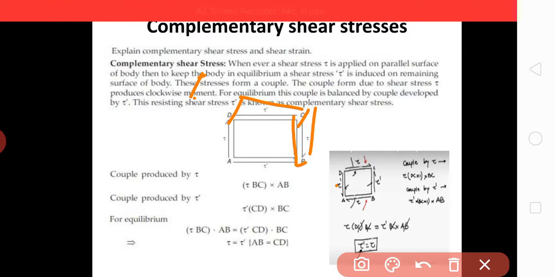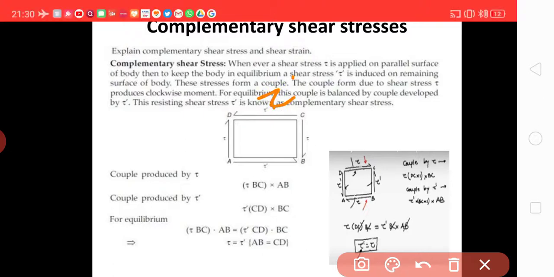If tau is the stress, then tau into area is the force, and its arm will be AB, to produce a couple. To counter this couple, we have tau dash, converted into a force first: tau dash into DC into 1, as we have taken the thickness as 1. So tau dash into CD into 1 is the force and BC is the arm.